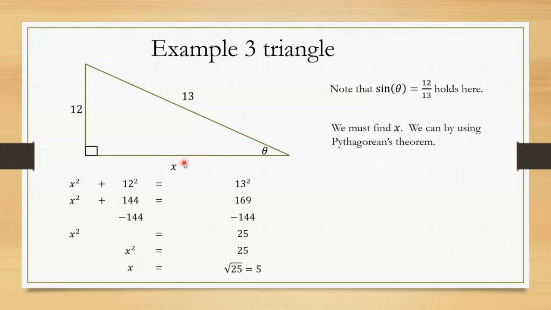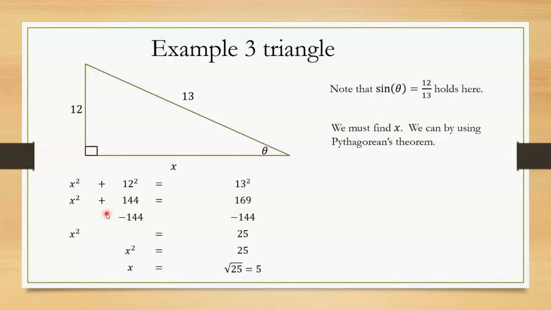But we need the remaining, unknown side here. As I said before, we have a right triangle, and we have two of the side lengths. We can easily get the third one using the Pythagorean Theorem. That's what I'm doing here. So we have x squared plus 12 squared is 13 squared. 12 squared is 144. 13 squared is 169.